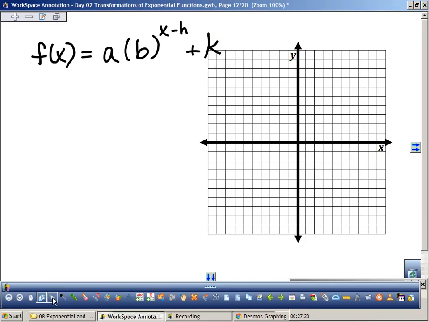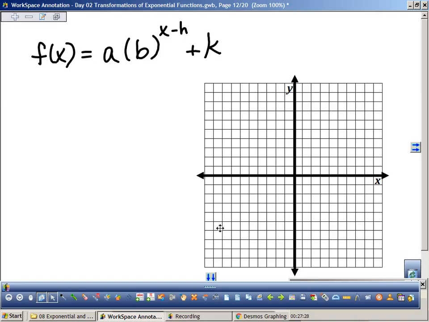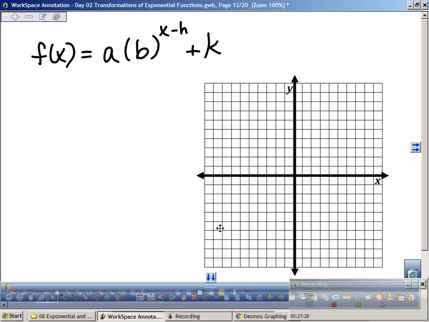What do you notice up there? There's an H, there's a K. What does K normally stand for? Vertical transformation. What does the H do? Horizontal transformations. What does A do? Scale factor. Also, if there's a -A, we're going to see a reflection, right?